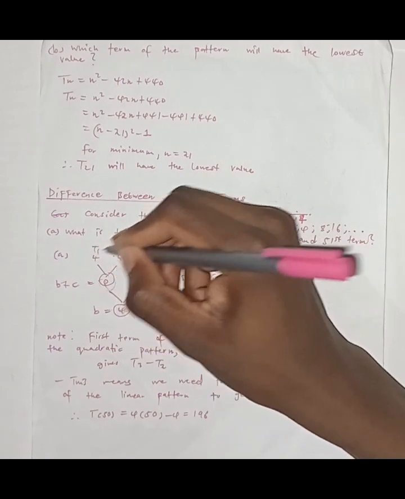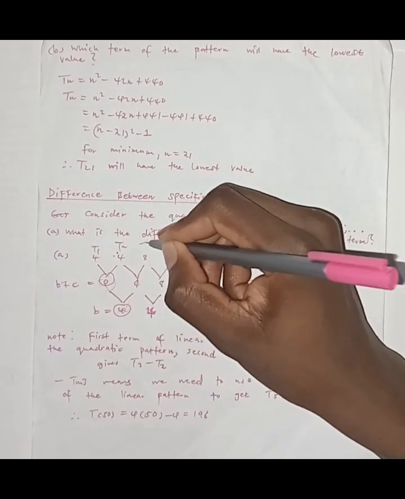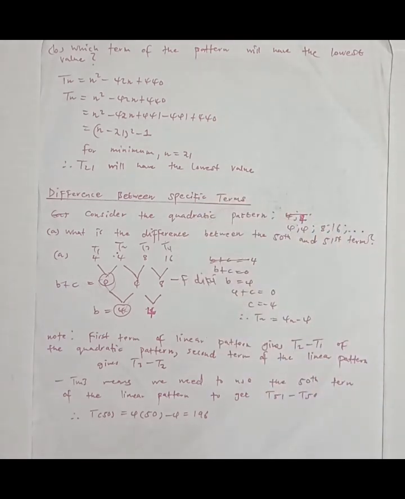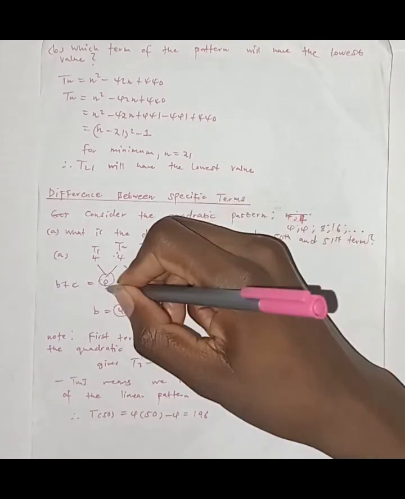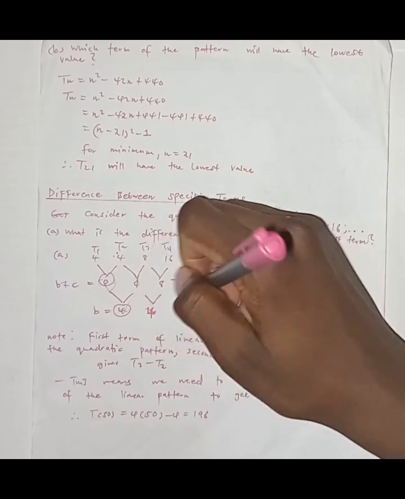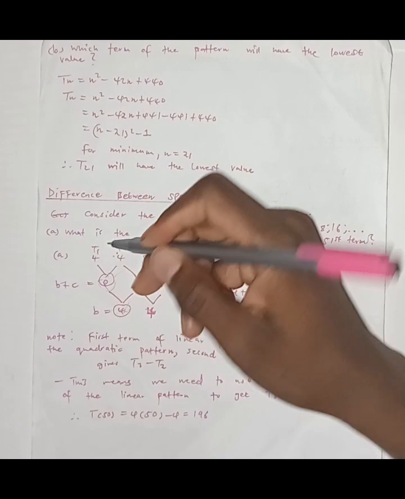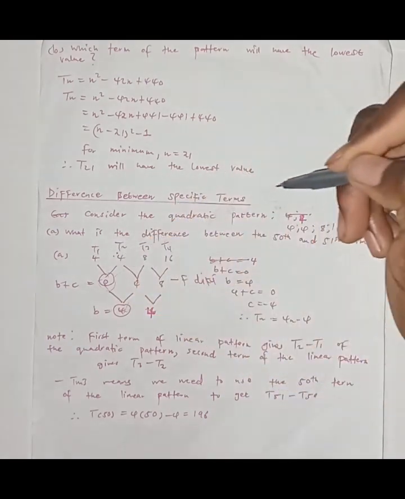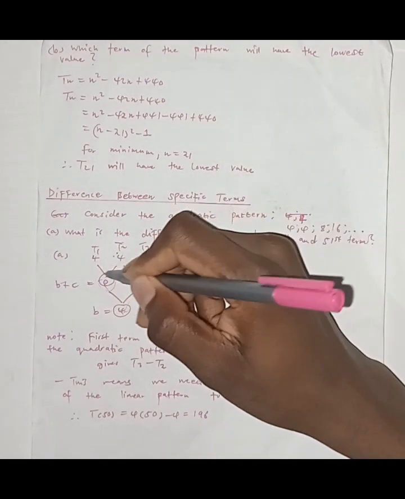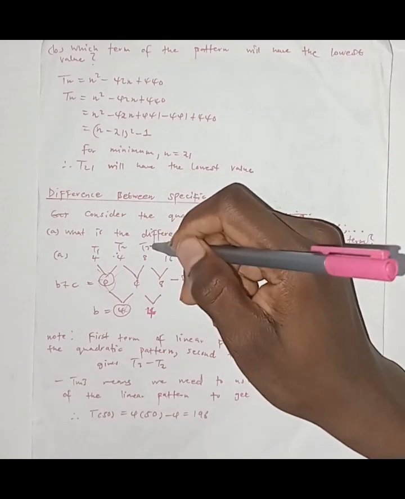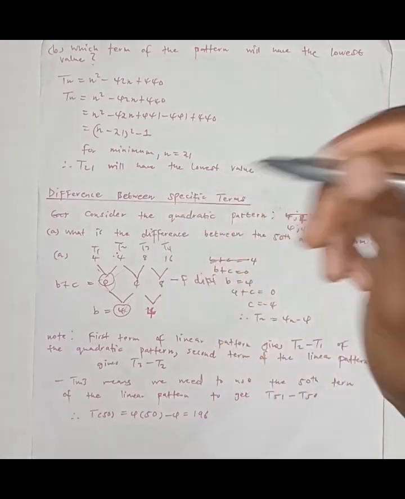Remember what I said in the previous video. For the first term of the linear pattern, remember I said this is the linear pattern there because we calculated the first differences first. So listen, t2 minus t1 gives us the first term of the linear pattern, then t3 minus t2 gives us the second.